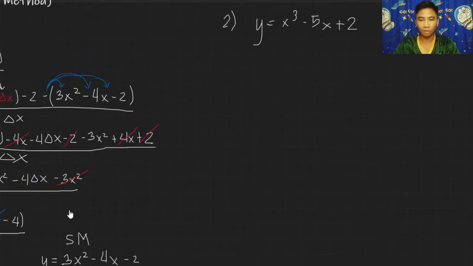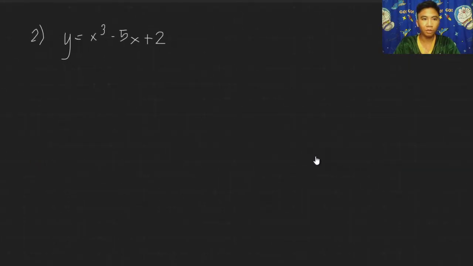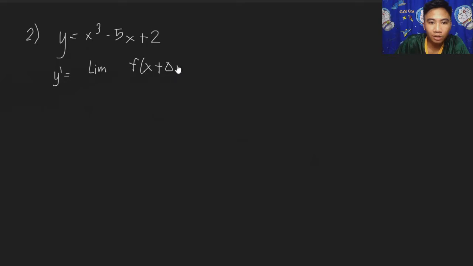Let's go to the next number. So our number 2 example is y is equal to x cubed minus 5x plus 2. So just do our formula. y prime is equal to the limit of f of x plus delta x minus the original function all over the delta x as delta x approaches to 0.